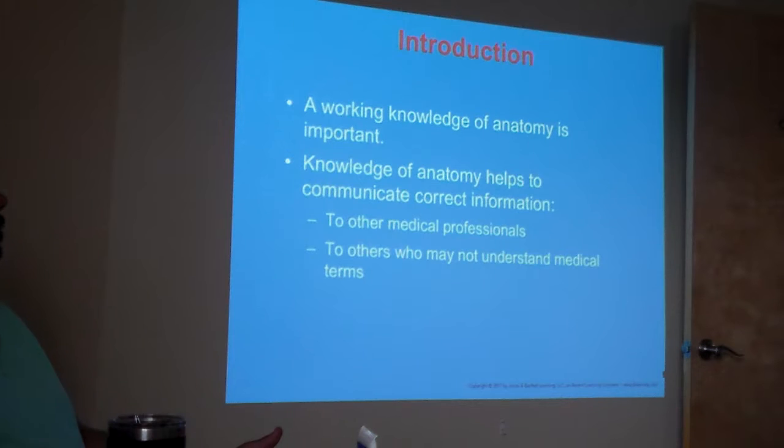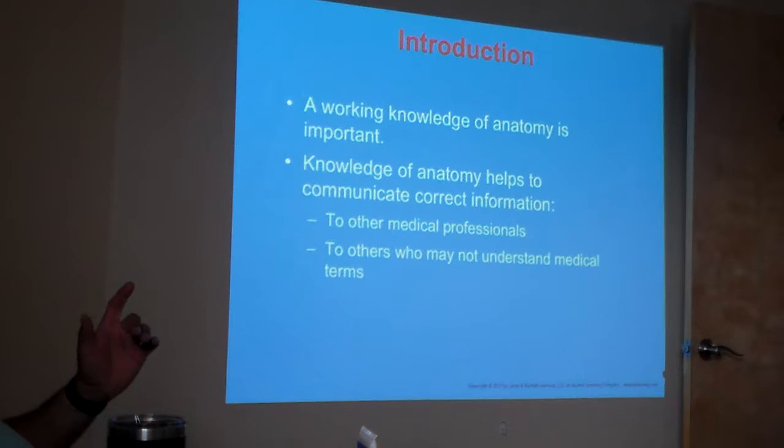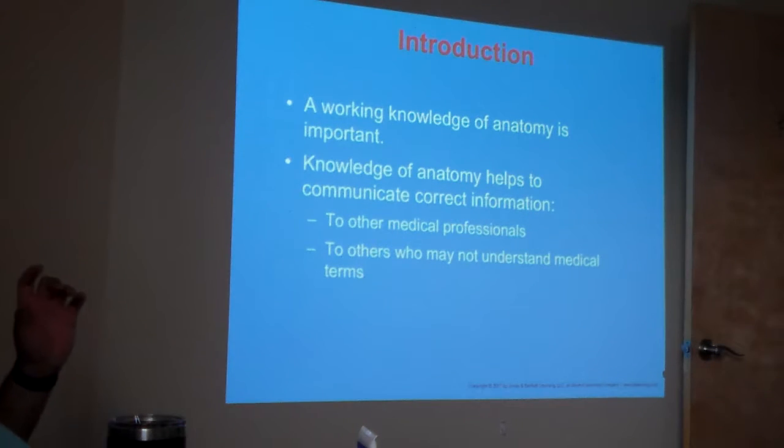That's very imperative. It also helps us when it comes to understanding pathophysiology, which is how things are interconnected. And it helps us to understand the way that we need to better care for these patients. Okay?